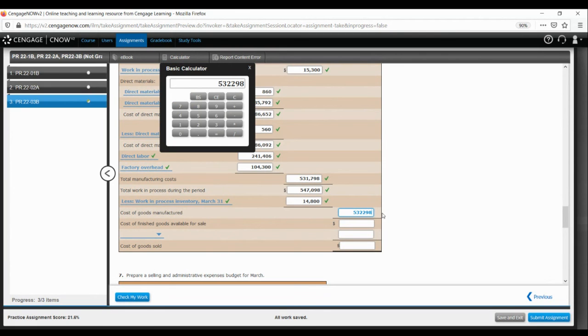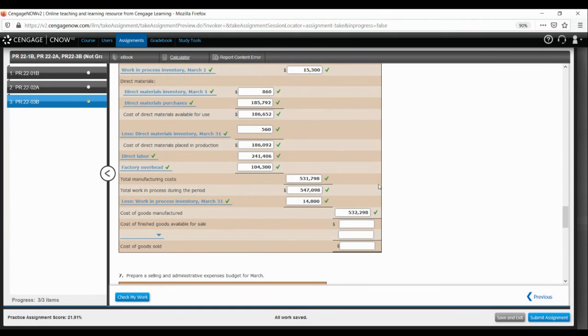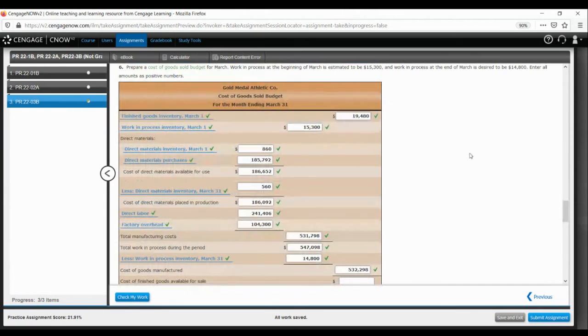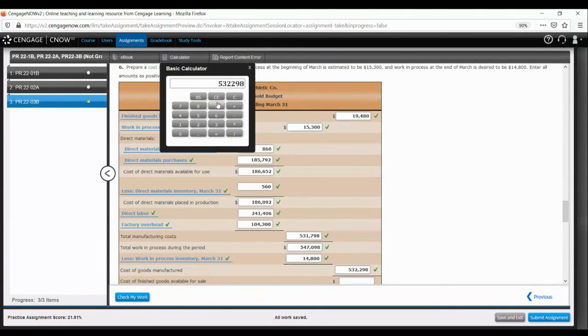And what they did here is they combined it with their cost of goods sold statement. So the cost of goods manufactured has to be added to your beginning finished goods. So these two are added together, and that will give you the finished goods that are available for sale.